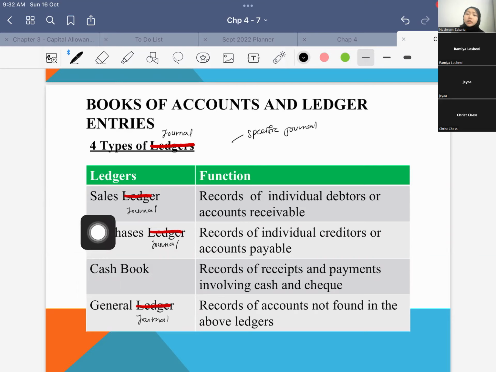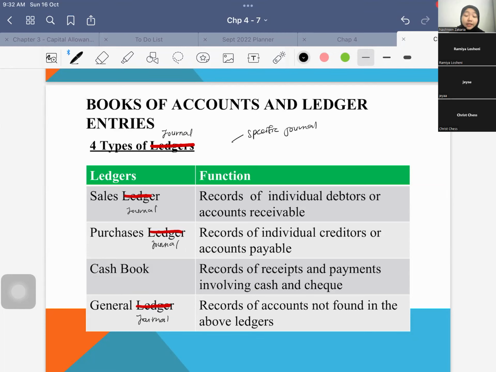Meaning you only have to open one general journal, masukkan semua transaction in one general journal. Maksudnya all lah from the first hari bulan up to the last hari bulan. Satu semua masuk dalam satu journal.